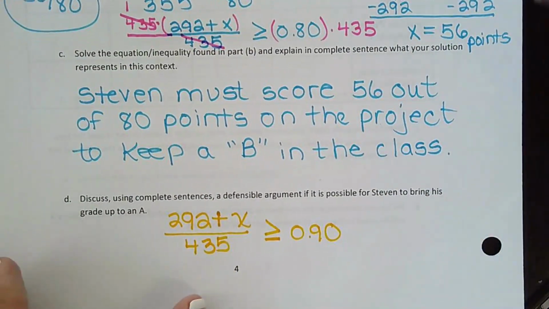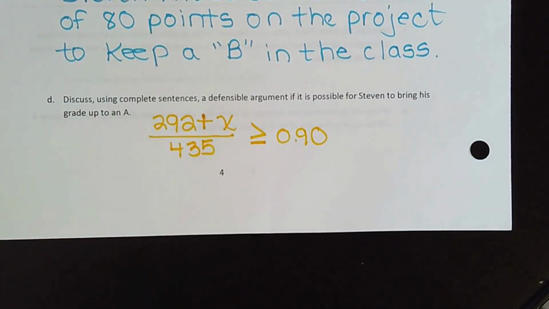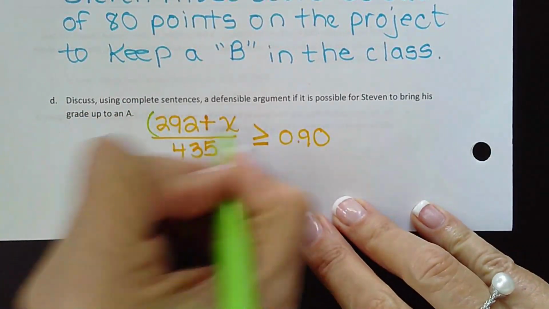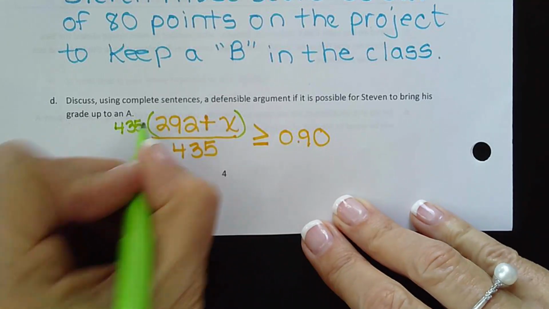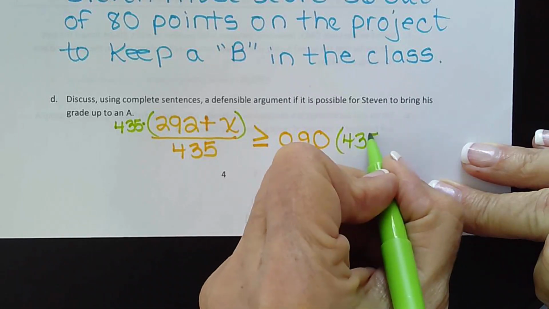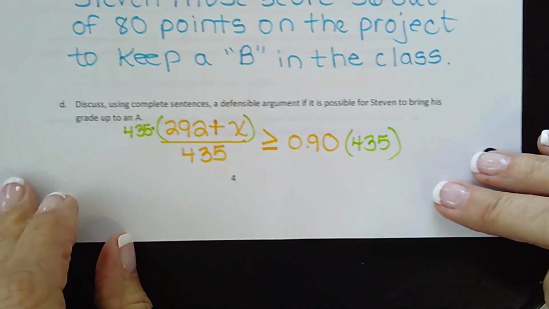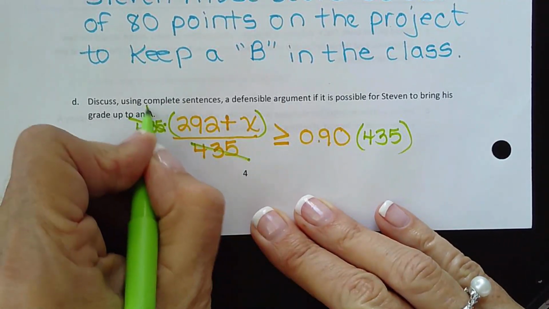And so I was going to give you the punchline and show you how you could tell if he could, but I'm going to wait and see if you guys can pick up on it. So do the same thing. Still multiply the 435, but instead of multiplying it by 80%, this time we'll be multiplying it by 90%. So everything else is the same. This still cancels.